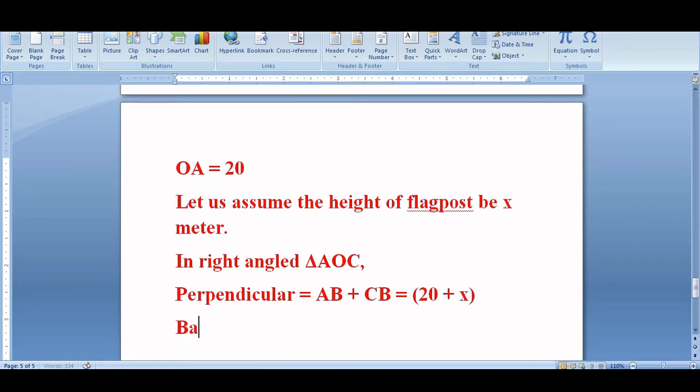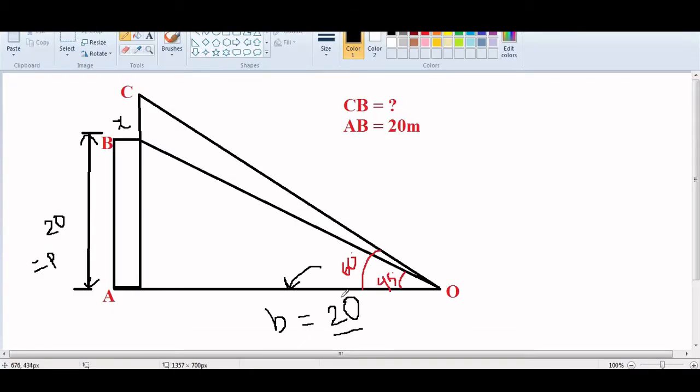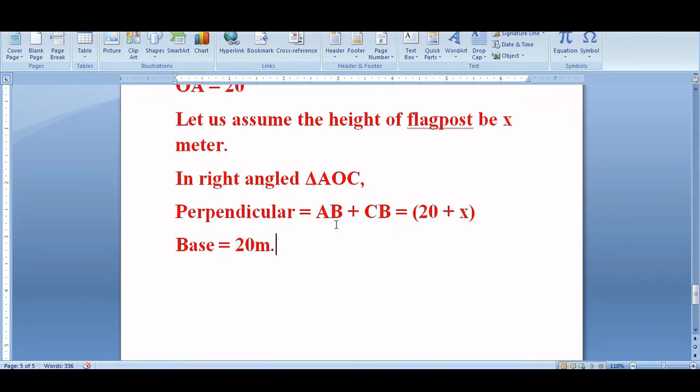Now base is how much? Base is 20 meter. We have already found it. And the angle is basically now 60 degree.